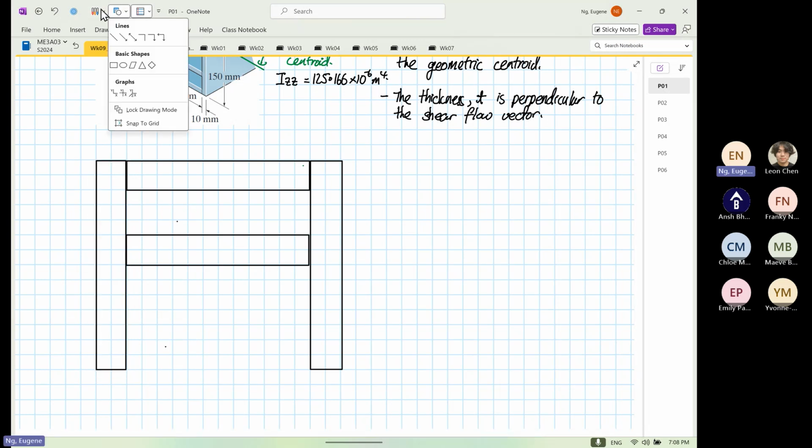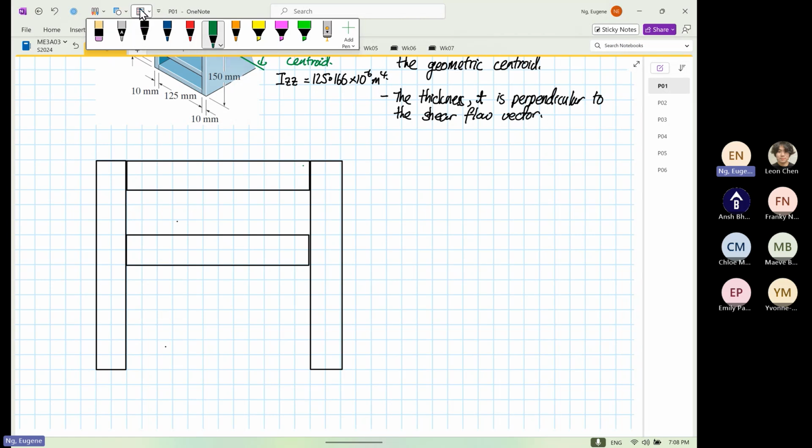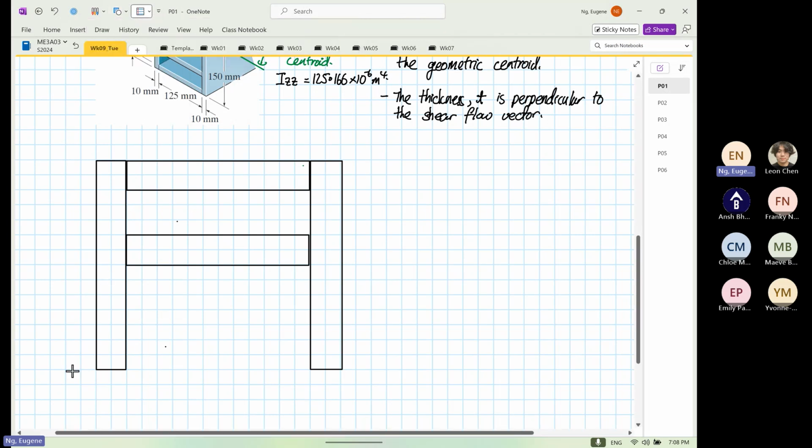And I deliberately stopped drawing there because over here, this is our geometric centroid.